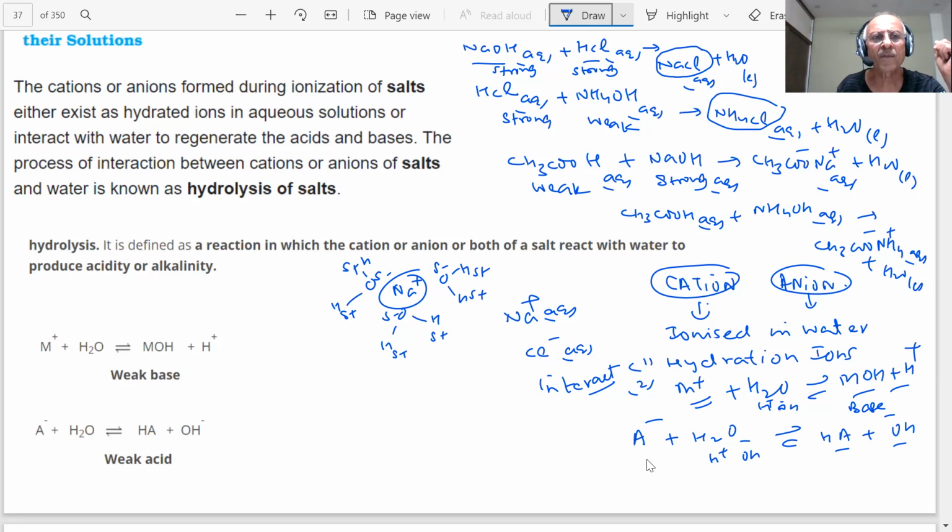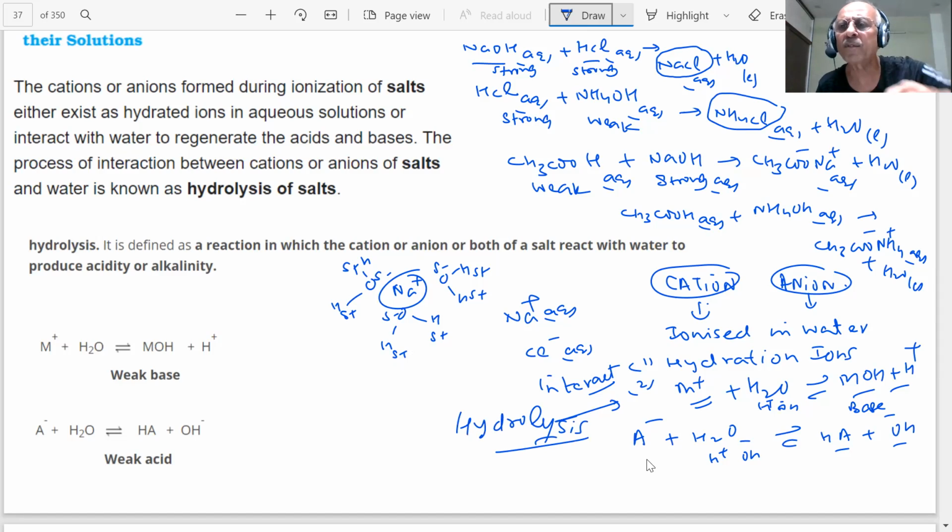The second process, which we have indicated, what is this known as? This is called hydrolysis of the salts. So this is what we mean by hydrolysis. Means, students, the cations and anions interact with the water and reproduce acids and bases.